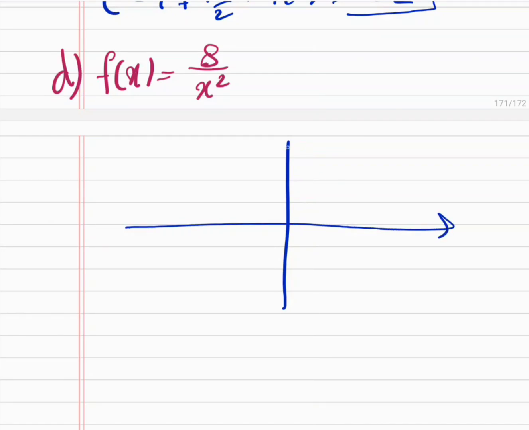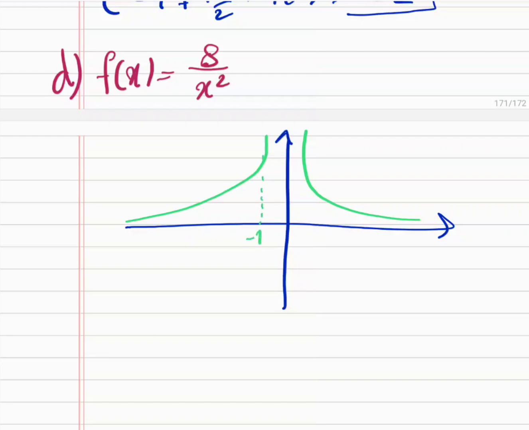Anyway, for 8 over x squared, in terms of its graph, it's reciprocal, but since it's x squared, the y value is positive, so that's why it's above the x-axis. And here, one of the bounds is -1.